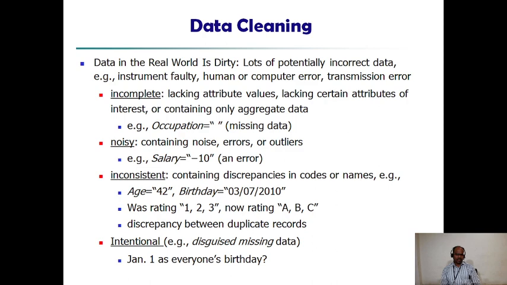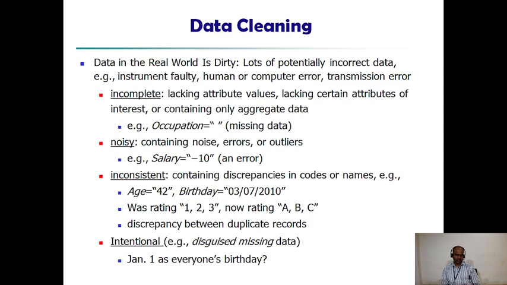Next we have inconsistent data, for example containing discrepancies in codes or names. Example, age is 42, birthday is 3/7/2010. If he was born in 2010, how does his age become 42? So this is inconsistent data. Data is not correct.